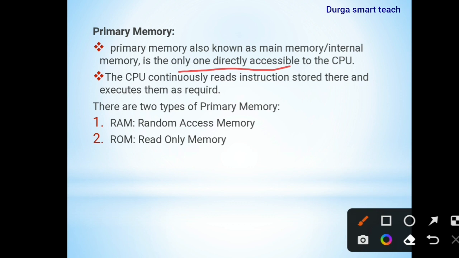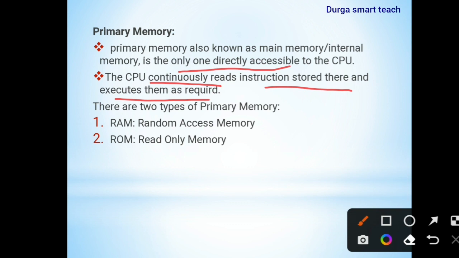The CPU continuously reads instructions stored there and executes them as required. Whenever instructions are needed by the CPU, they are taken from the main memory. All the data is stored internally in the main memory.